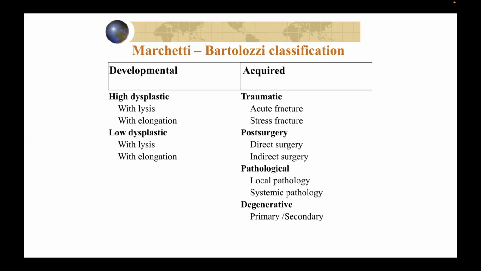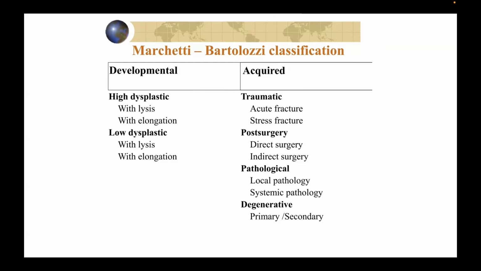They mainly classified it into developmental and acquired. Developmental means the spondylolisthesis occurs from birth through the developmental period, that is, the growing phase of adolescence and adulthood. Whereas acquired is usually acquired at some point of time in adulthood.